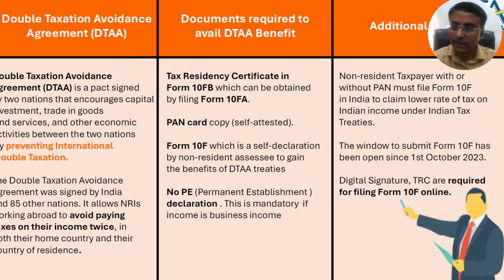Suppose 10 criteria are there, but the TRC certificate does not cover those criteria. So you have to file Form 10F online through the login portal. You require your foreign entity's PAN number also before logging in for Form 10F. Forms 10FA and 10FB also play an important role when you are applying for a TRC certificate in India. We will discuss that when we discuss AI chatbots.